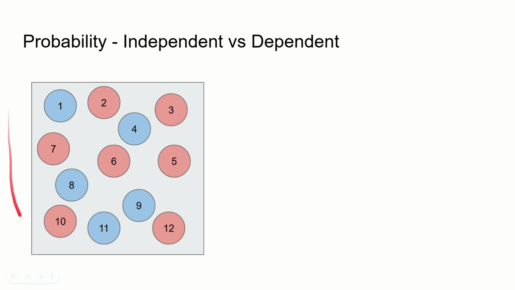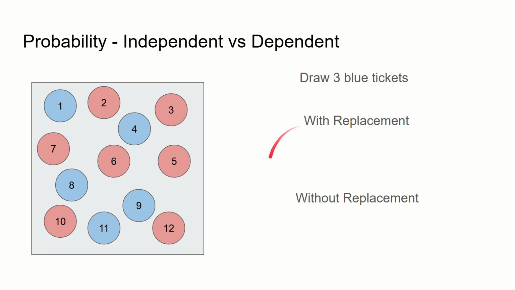So if there was a bag with 12 tickets in it, where 5 of them are blue and 7 of them are red, we want to find the probability of drawing 3 blue tickets. But to show the independent versus dependent, one time will be with replacement and one time will be without replacement. So with replacement, we can go and grab one, we'll look at it and then put it back.